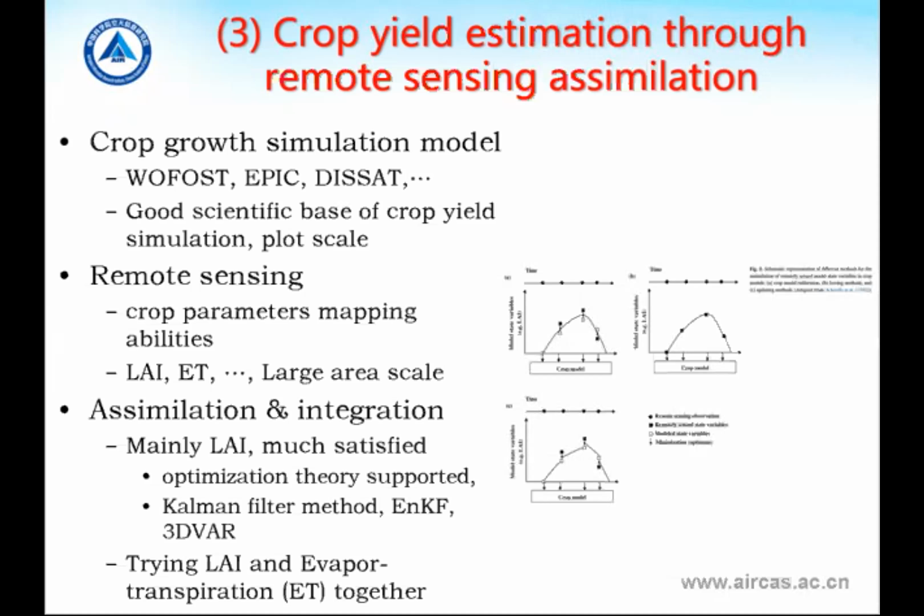You can use that in plot level or field level crop yield estimation, but for a large area, it's not very suitable. In this framework, the LAI and evapotranspiration were usually considered as the assimilation variables.